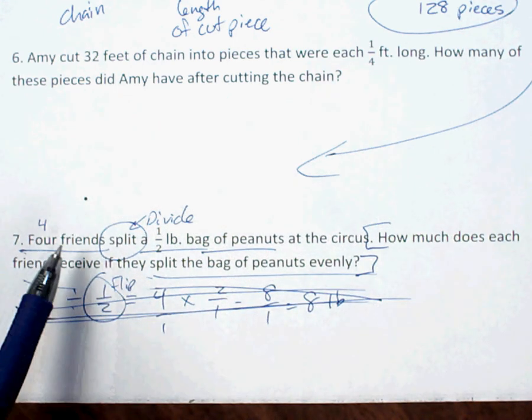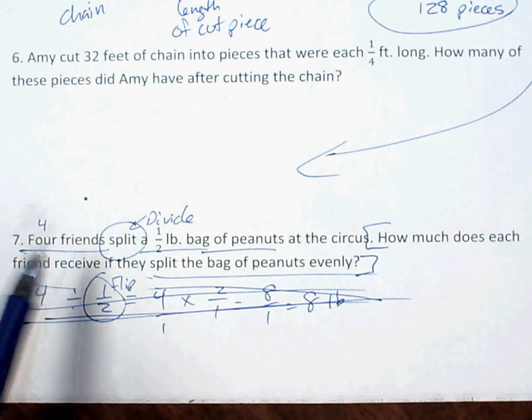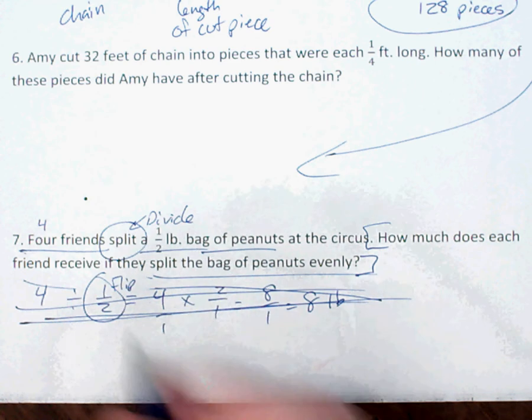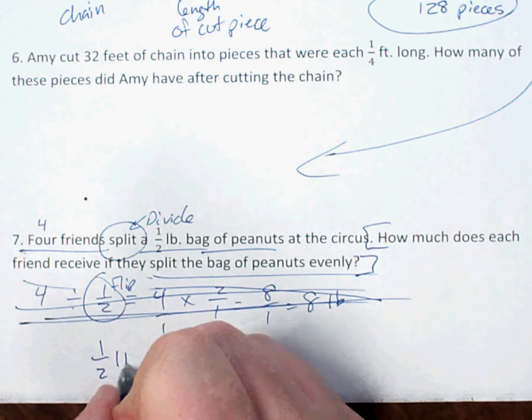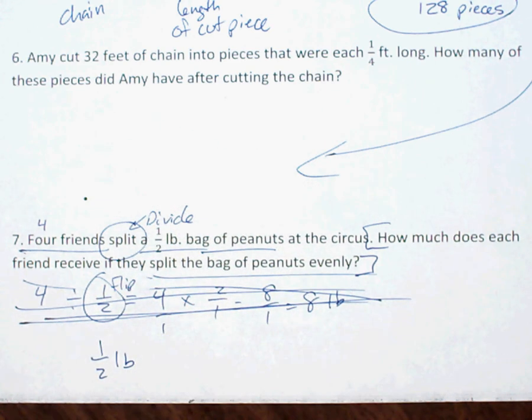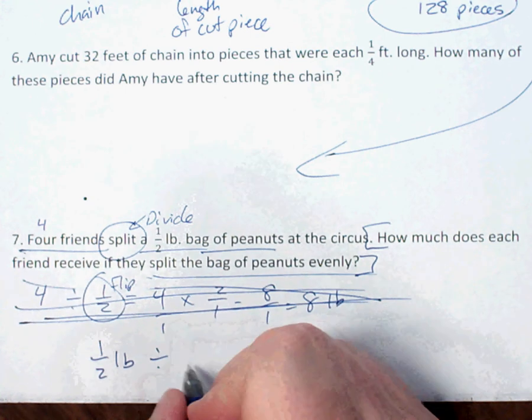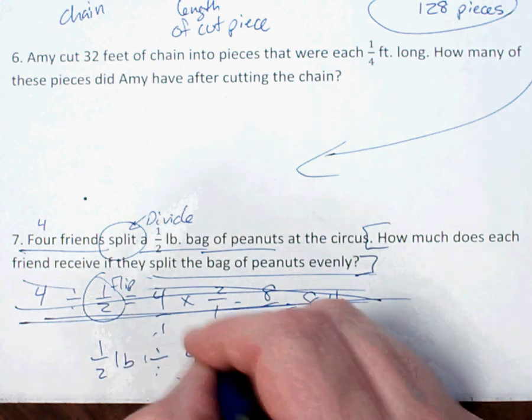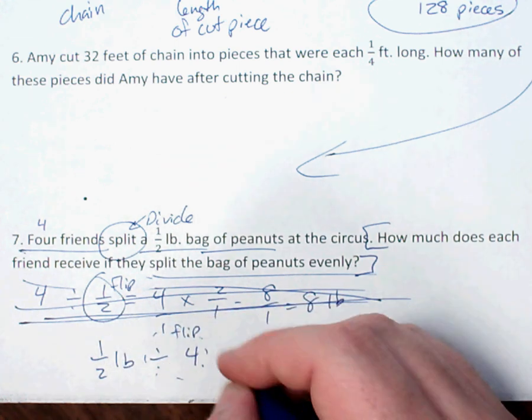You have to think, what am I starting with? What am I splitting up? Well, I'm splitting up this half-pound bag of peanuts. So that's what we start with, that half-pound bag. And then we're going to divide it between the 4 friends. And when we do that, I'm going to go ahead and flip this.